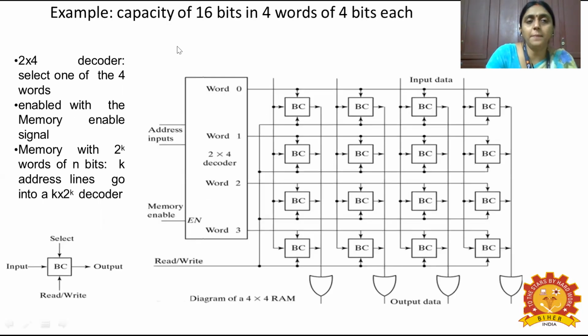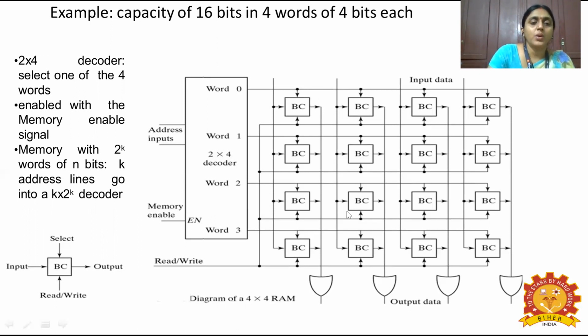And here is an example which shows a capacity of 16 bits in 4 words of 4 bits each. Here a 2 by 4 decoder is used to select one of the 4 words, enabled with the memory enable signal. A memory with 2^k words of n bits involves k address lines that go into a k by 2^k decoder.